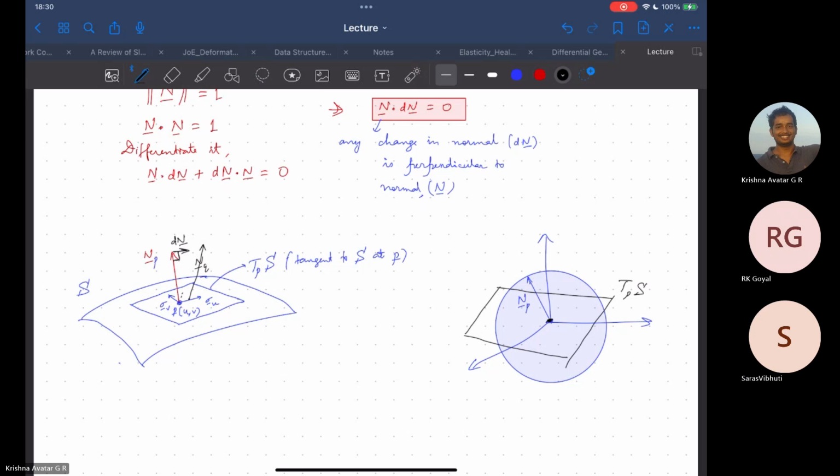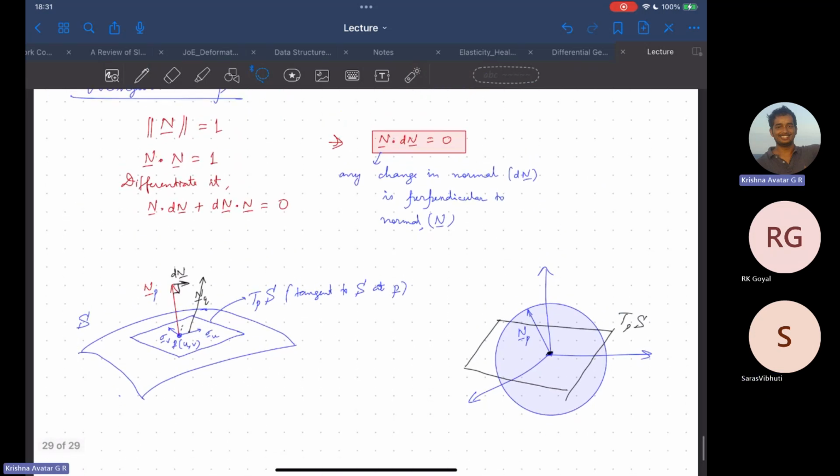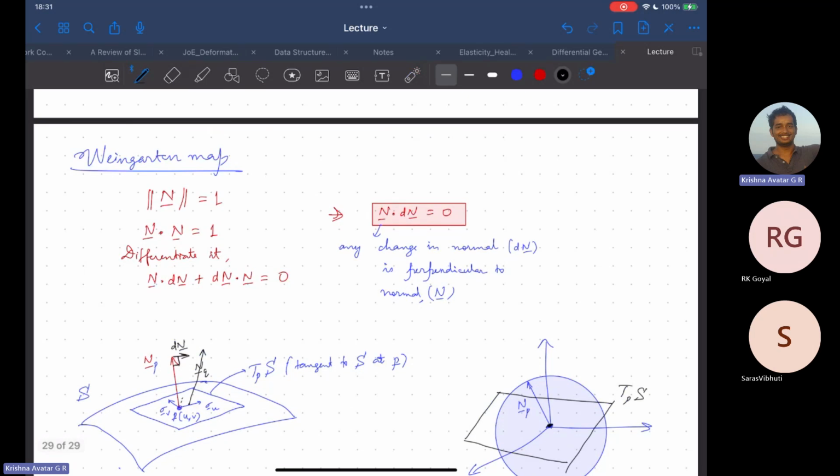Yes. Still, what is dN? I'm unable to visualize what is changing here. So dN is any increment in NP, any increment in the normal will always be perpendicular to the normal itself. Mathematically this is how it should be.